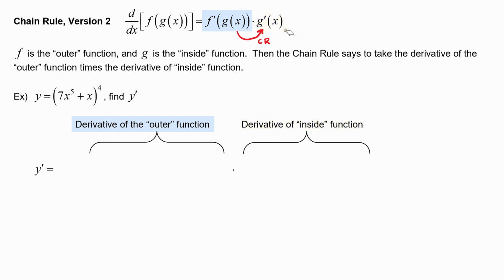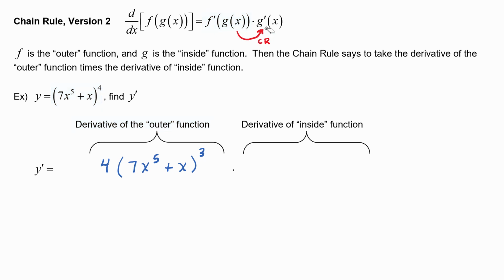Now, the derivative of the outer function is evaluated at your inside function. So a way you can think about that is we have some stuff raised up to the 4th power. Then the derivative of that using the power rule would be 4 times the stuff, which is 7x to the 5th plus x, raised up to the 3rd power. So this is f prime of g of x.